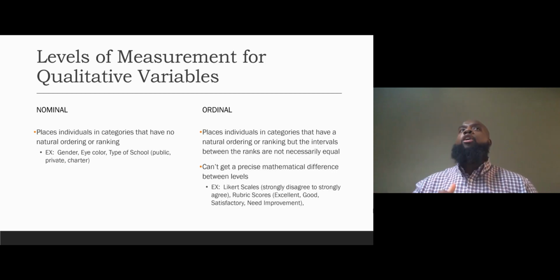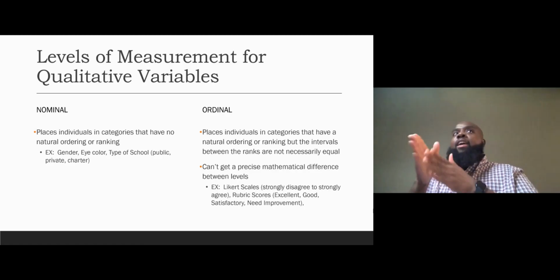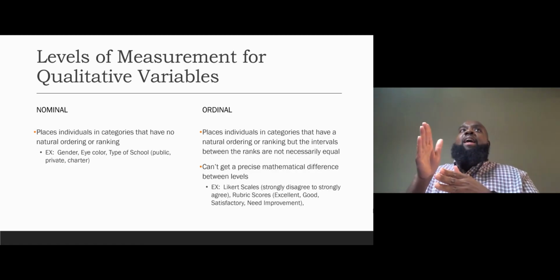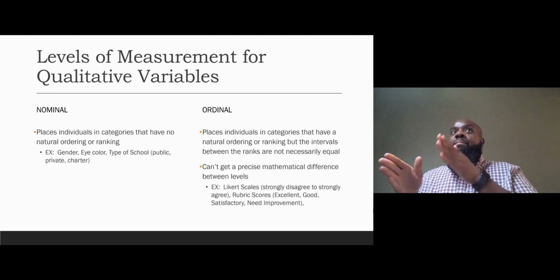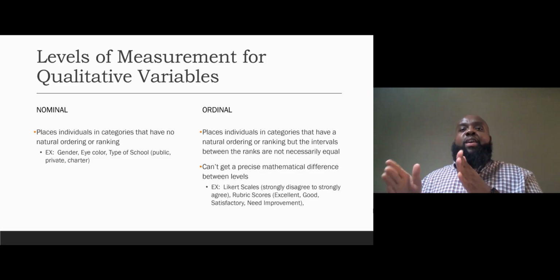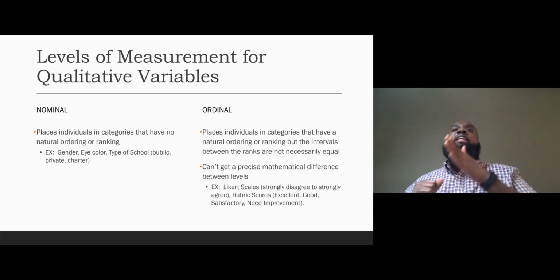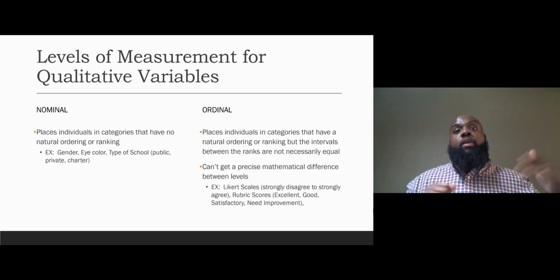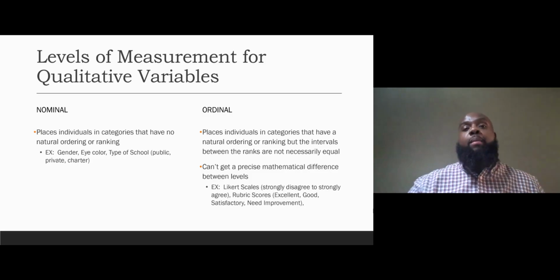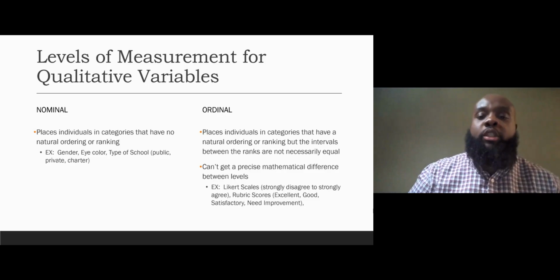Well, that's an agreement level. If I'm at the lower end, I know strongly disagree is much stronger of a disagree than a disagree. And then I get to more positive outcomes when I start to say agree and then strongly agree, right? There's a natural ordering based off of how that scale was created.